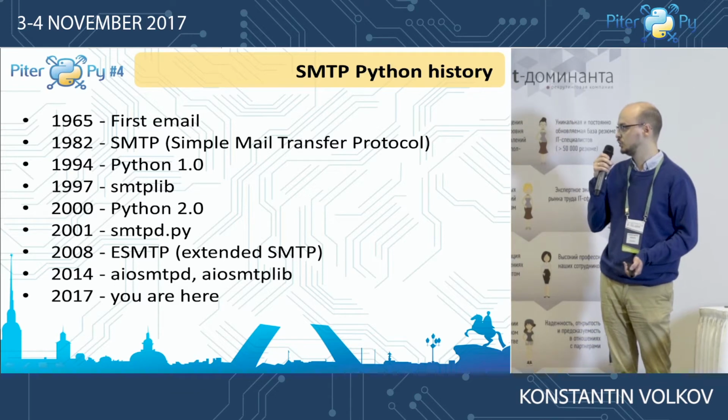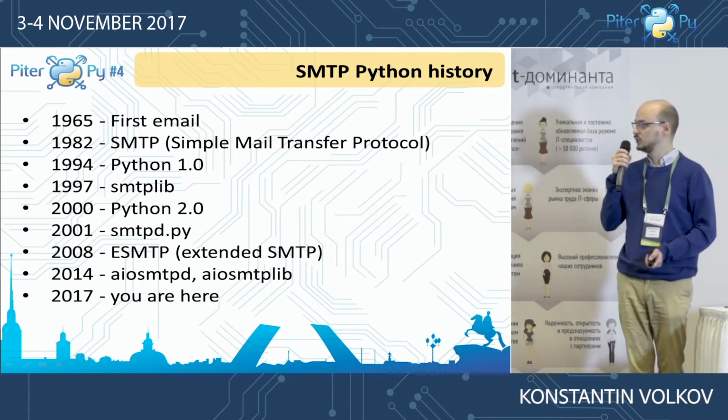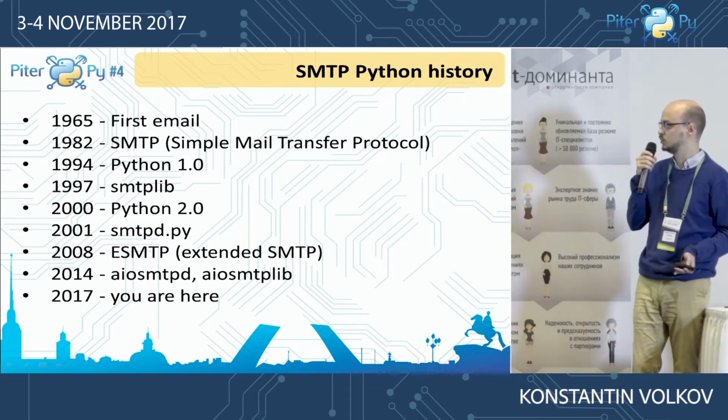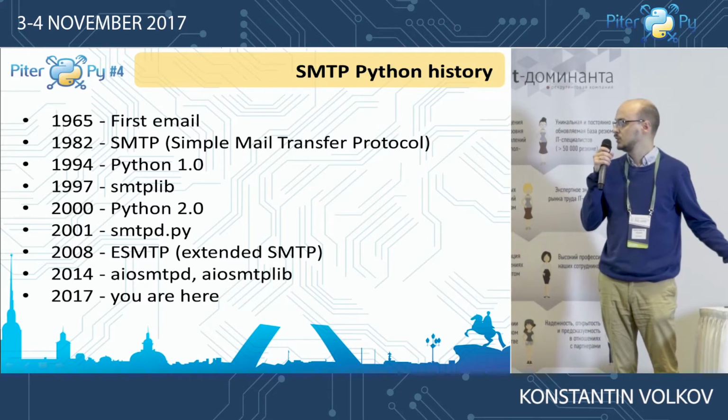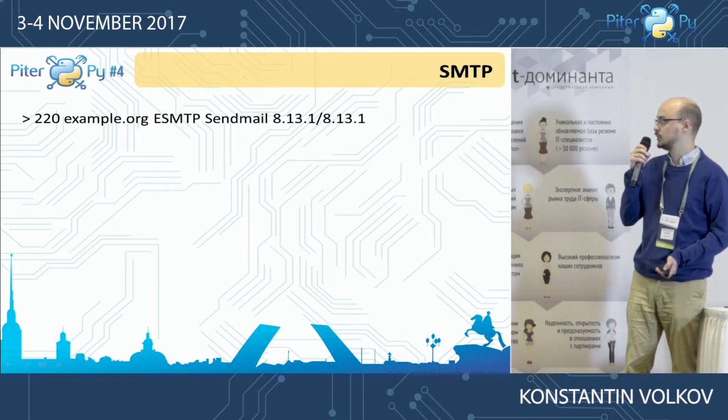And where we are now, in 2017, we can see that this is not a fresh technology, it has a difficult history, and there were new implementations which interpreted the protocol accordingly.